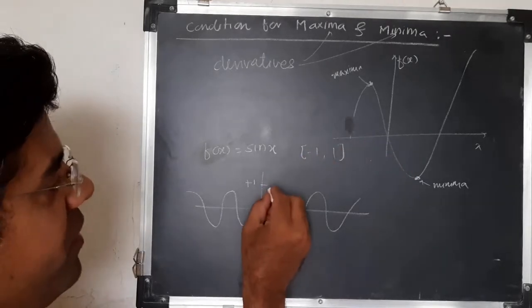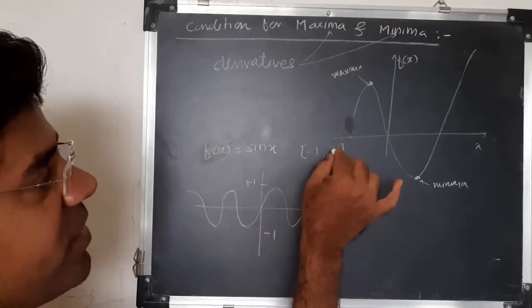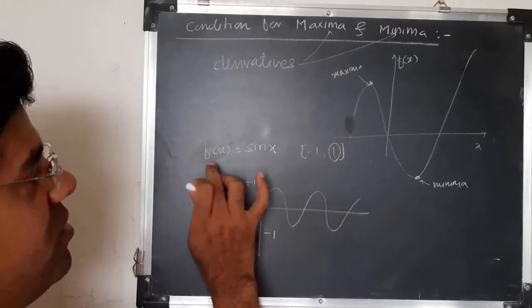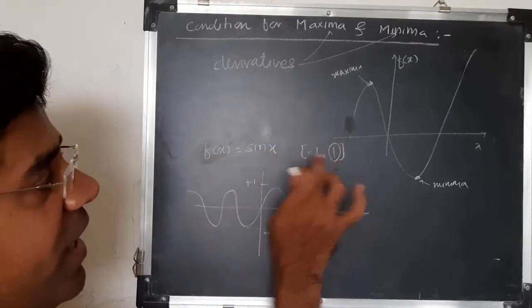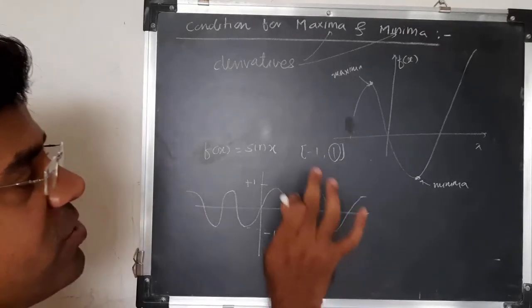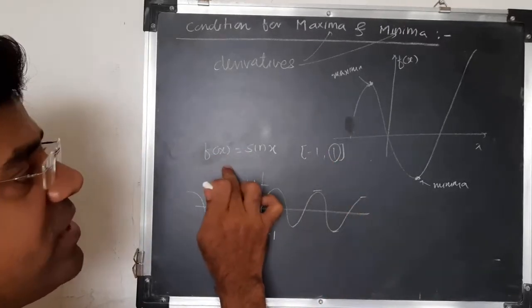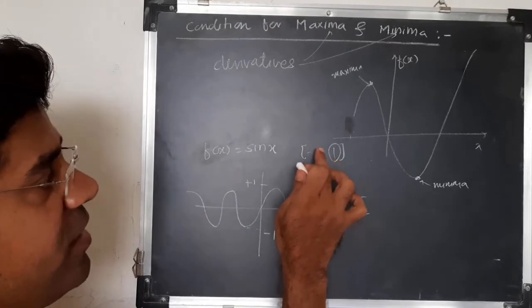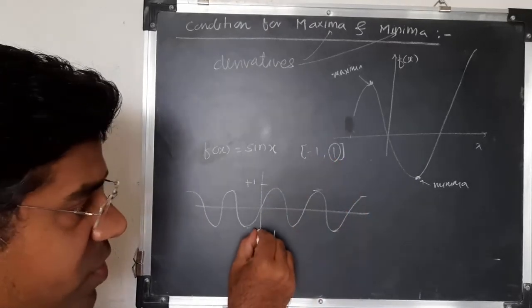The maximum value of the given function is 1, so f of x equal to 1. At any of these points, this point, this point, this point, the maximum value of that function is 1 and the minimum value is minus 1.